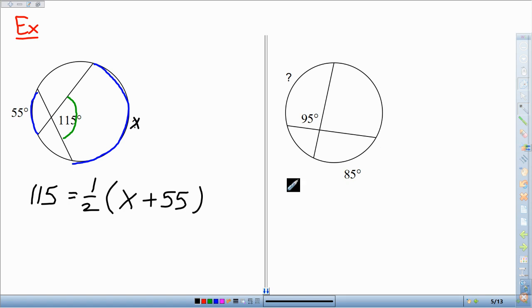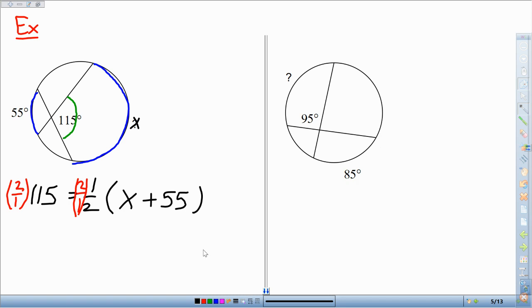What I'm going to do is have you try something a little new, and that is getting rid of the fraction. To get rid of a fraction, you just multiply it by the reciprocal, flipping the fraction. So I'm going to multiply a 1/2 by a 2/1. Sorry if it looks kind of weird, but this is parentheses. And if I do it to one side of the equation, I have to do it to the other side.